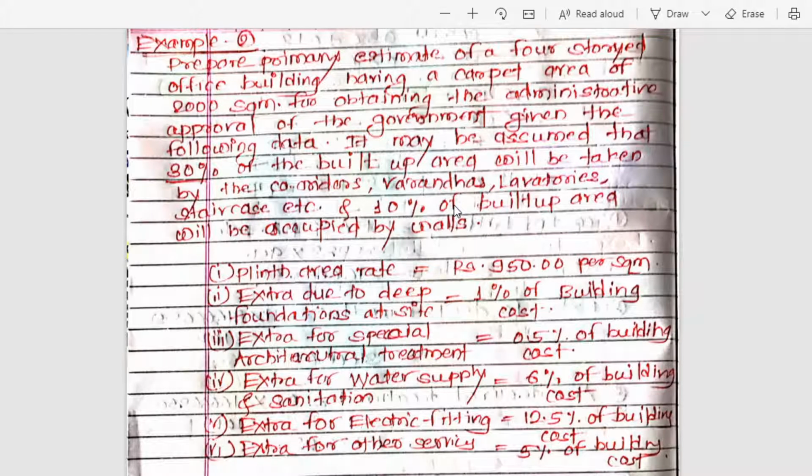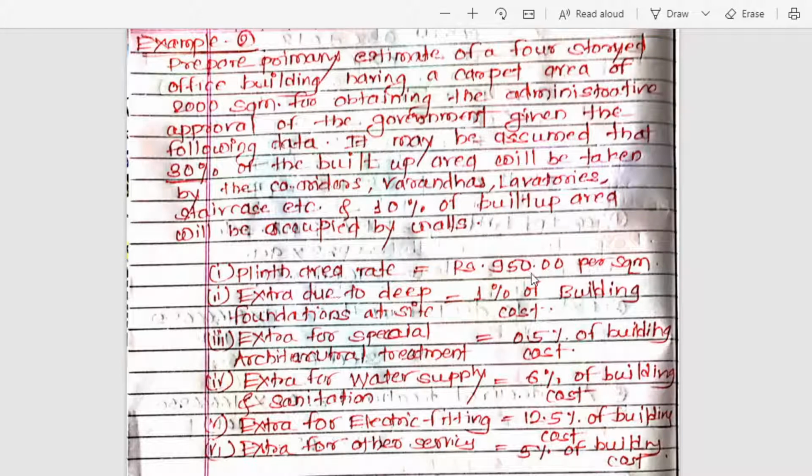Okay, now we are solving problems on the plinth area method. Plinth area is nothing but your built up area. Okay, but they have given 200 square meter as your carpet area, right? Now you have to calculate first the built up area of the building.